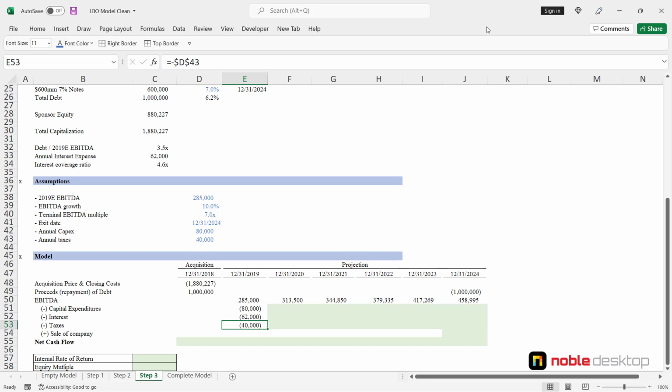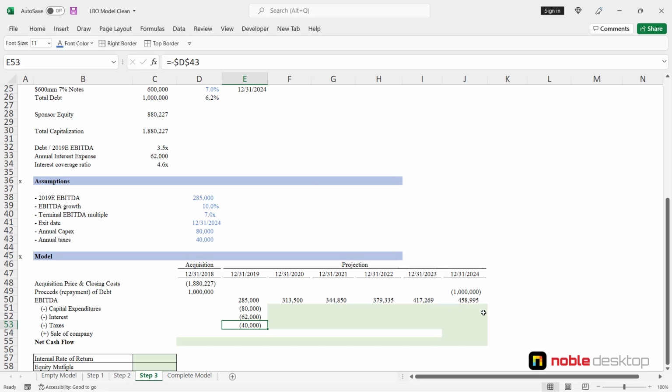Great job. Now I want to fill all these numbers to the right for all projected years, and here's a trick to highlight the range from the cell where my cursor is already, E53, to the cell J51.